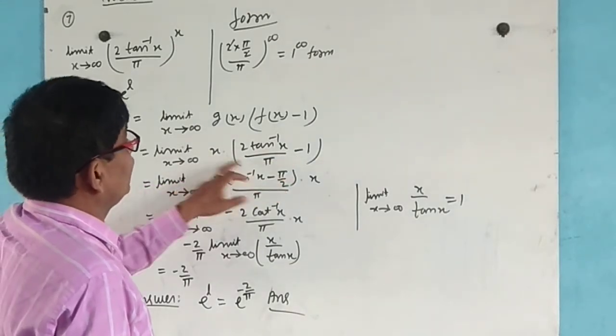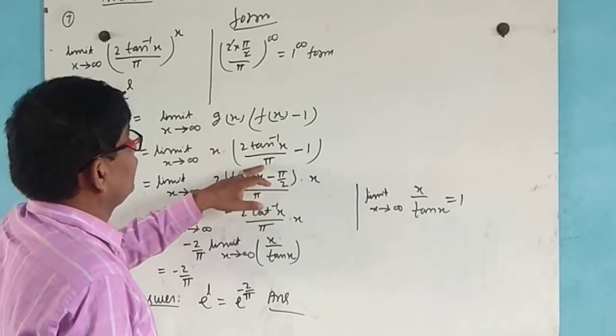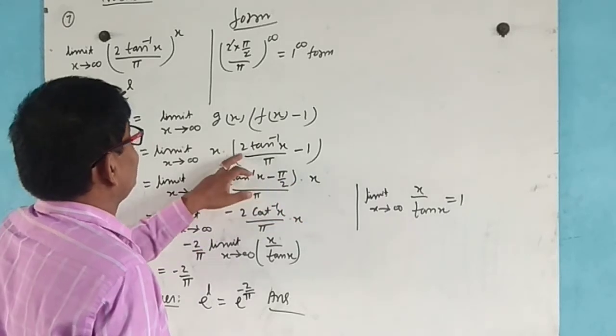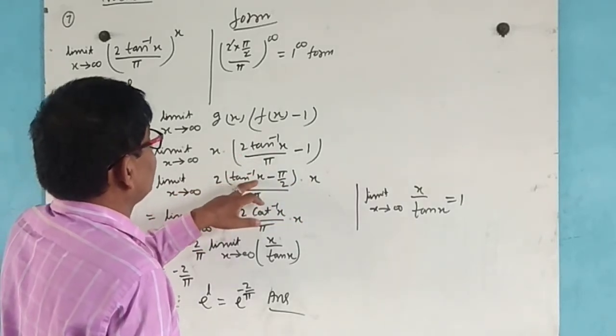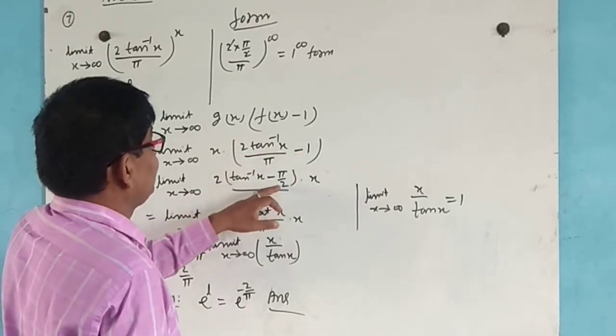Now this x comes here, and here pi, so we take 2 common, that is 2 tan inverse x, and here pi by 2.